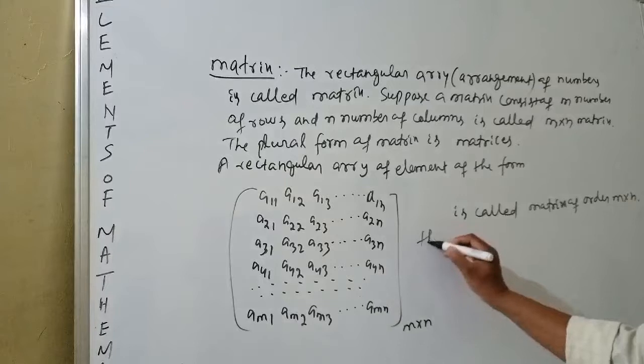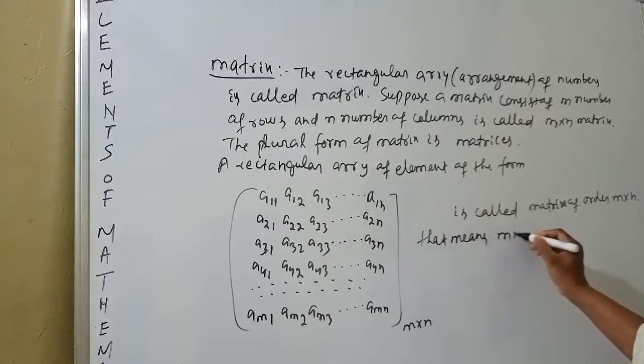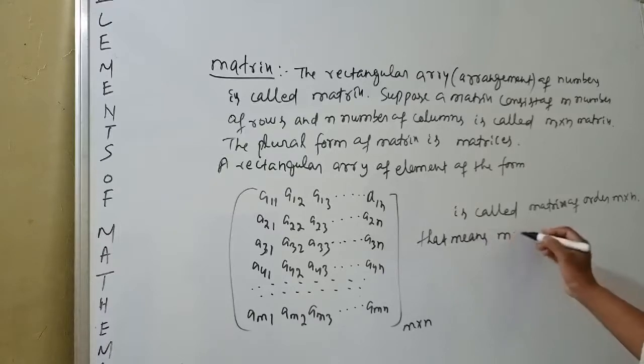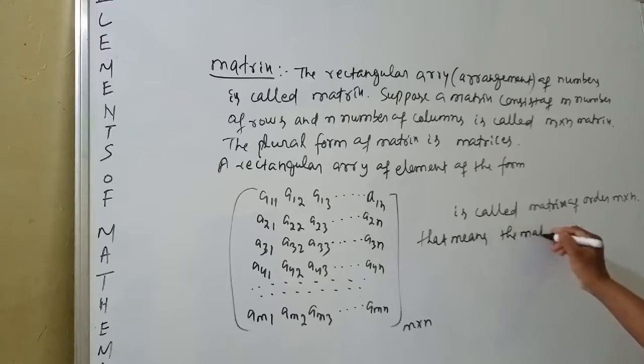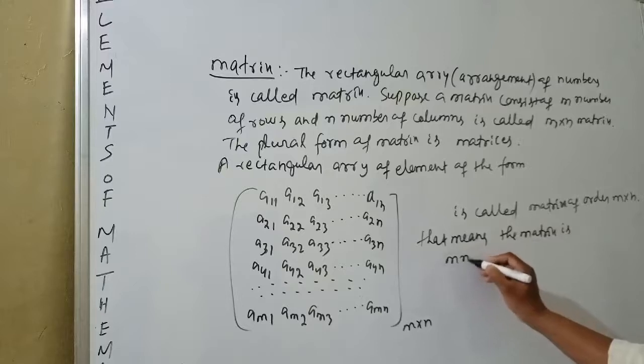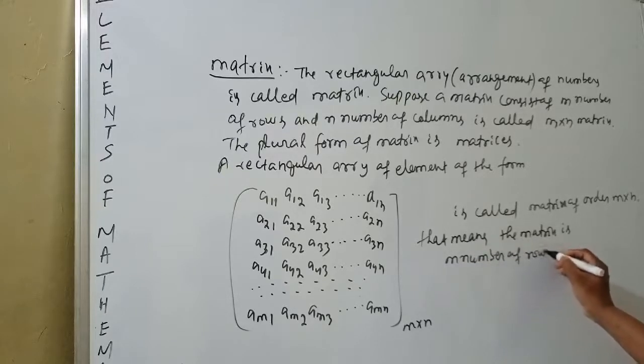That means the matrix consists of m number of rows and n number of columns.